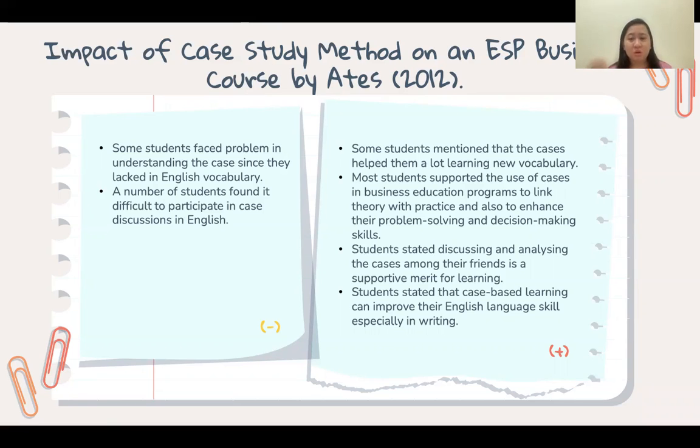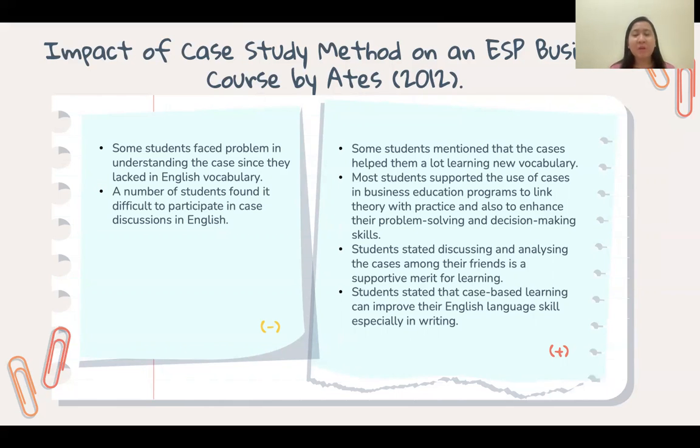That is for the positive results, and the negative is that students face problems in understanding the case since they lack English vocabulary. So vocabulary is very, very important. Because if we don't understand the vocabulary, we don't understand the materials related to the case, and they cannot communicate in discussion.